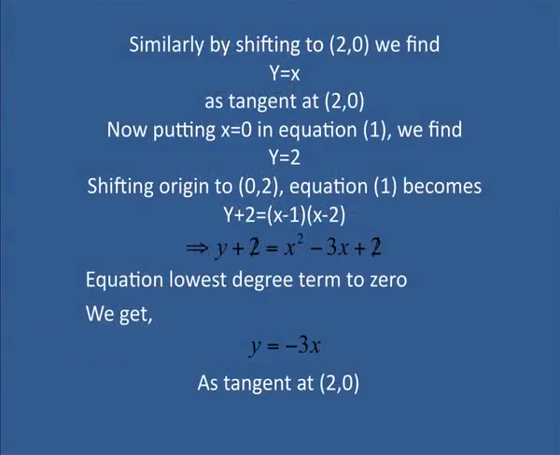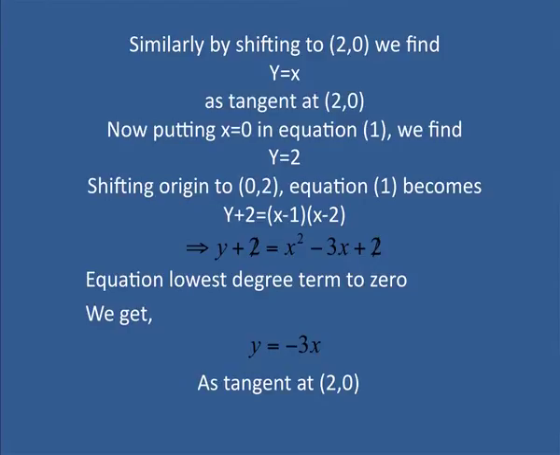Similarly, by shifting to the point (2, 0), we find y is equal to x as the tangent at the new origin (2, 0). Similarly, by putting x equal to 0 in equation 1, we find y is equal to 2, that is the point of intersection on the y axis is (0, 2).